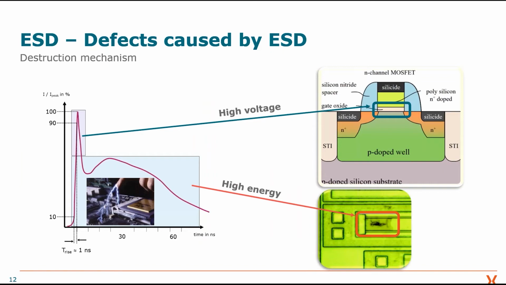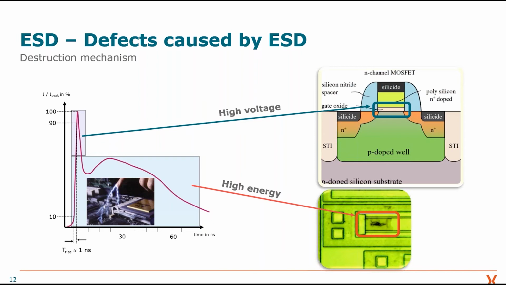And what is critical here, as I said in the beginning, is that ESD events can cause malfunction and really destroy the physical layers. We can see two different failure mechanisms. The first one is similar to the charge device model. Here this high peak current really destroys the gate oxide and causes this malfunction.